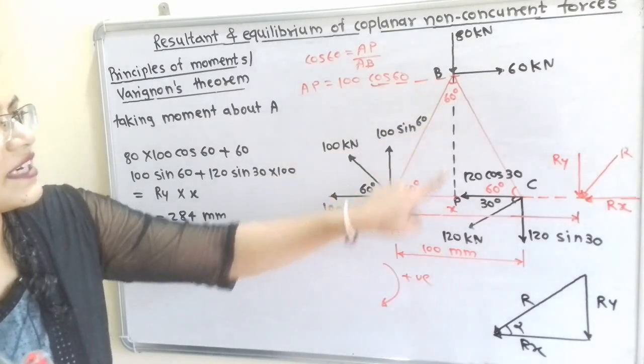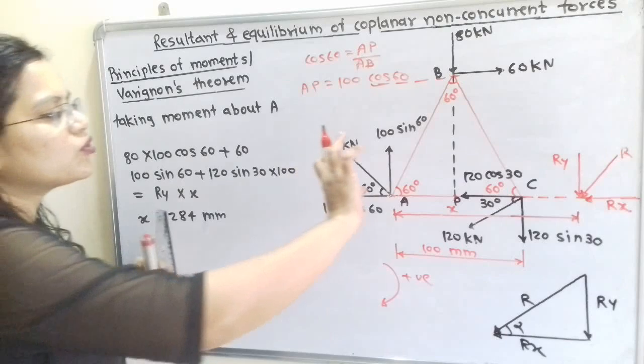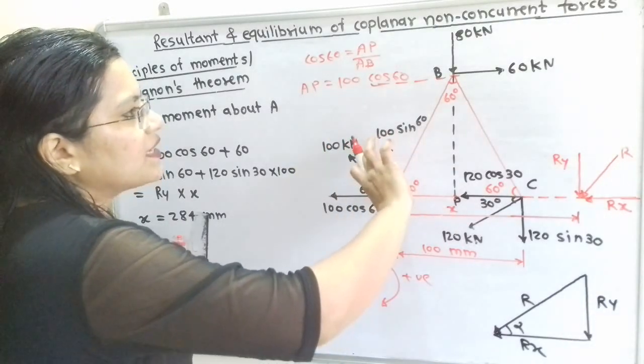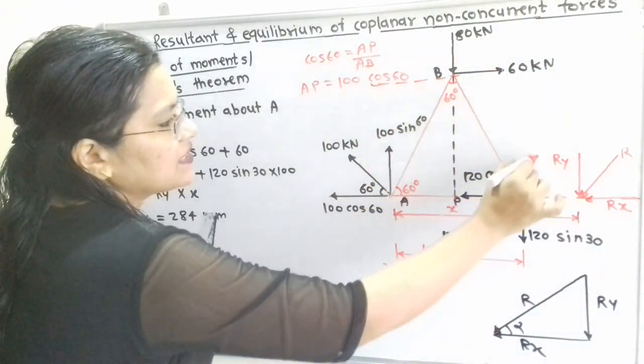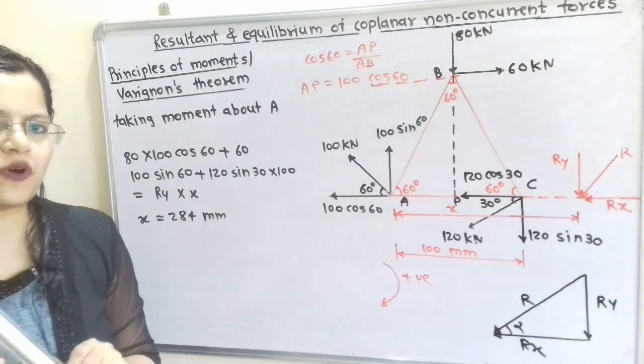So we will write 100 sine of 60 multiplied by this 60. Now if I move the compass about point A in the direction of 60 kilonewton, that is in this direction, then here is also clockwise direction, and we have to use positive sign.